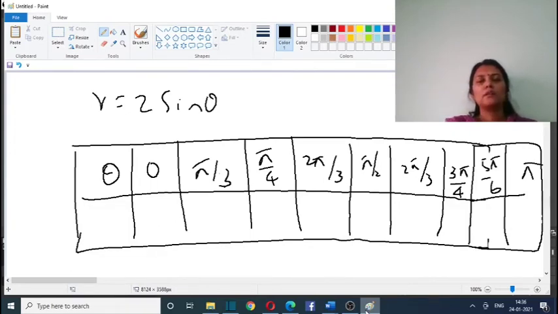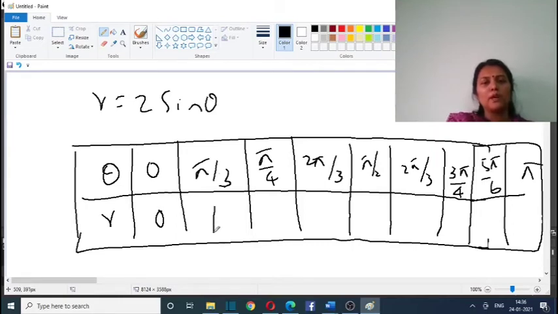To find the graph, we find the points of r, x and y. Here also we have to find the points corresponding to r and theta. When theta equal to 0, the r value is 2 into sin 0, so it will be 0. When theta equal to pi by 6, that is 30 degree, sin theta is 1 by 2 into 2, 1.